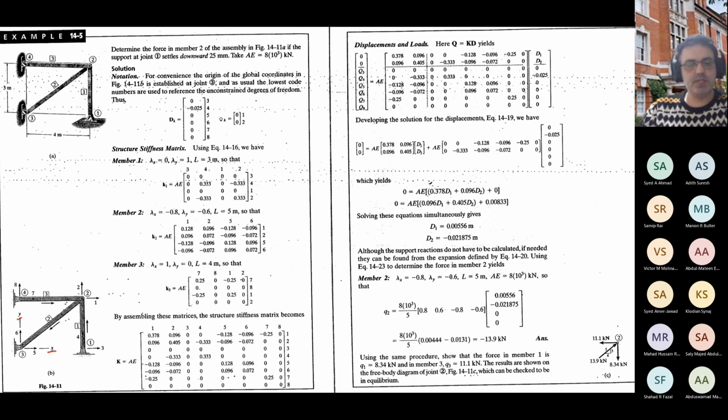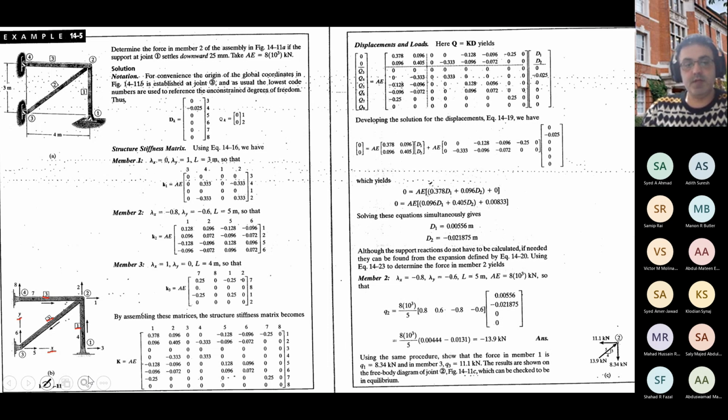As you see, we have 4 joints. We numbered 1, 2, 3, 4. And we have 3 elements. So we have element number 1, 2, 3. And we have altogether 4 joints, each joint 2 degrees of freedom, which means 8 degrees of freedom again.